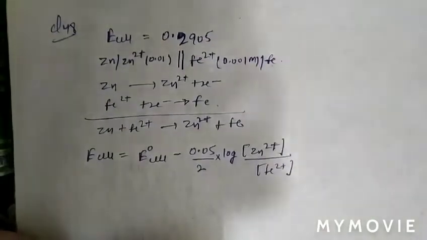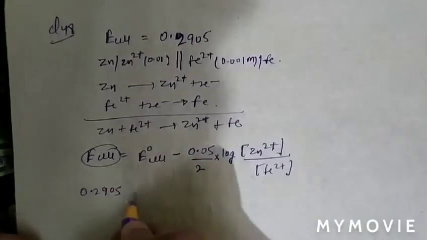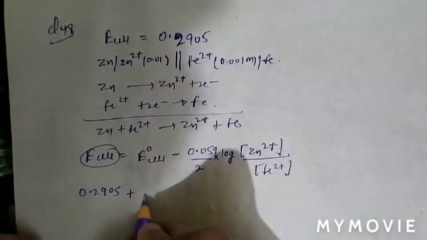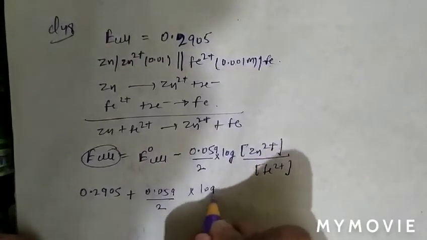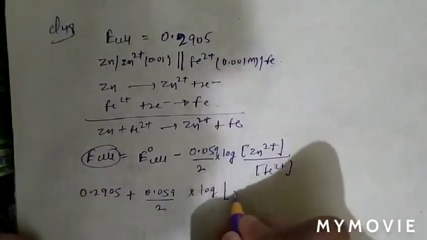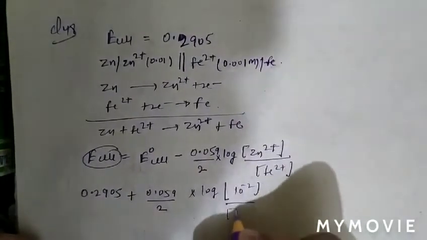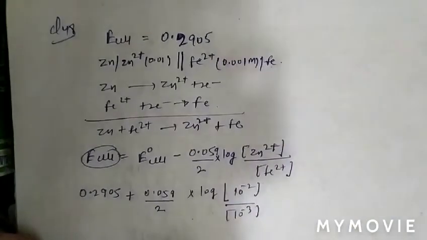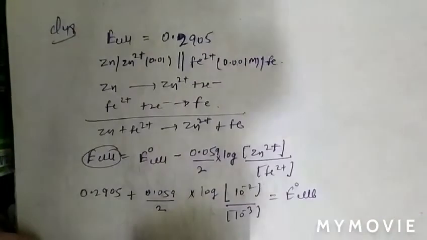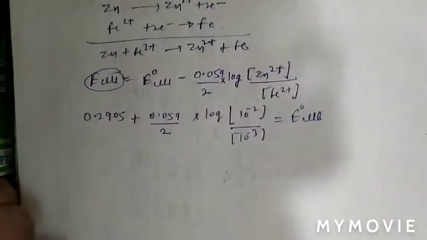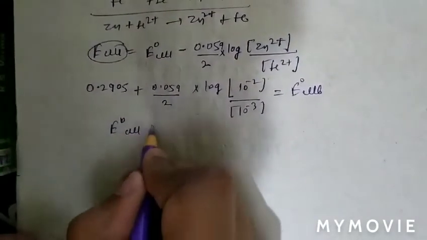E cell for the reaction is given, 0.2905, plus 0.059 divided by 2 into log of zinc 2 plus concentration, which is given as 10 to the power minus 2, divided by Fe2 plus concentration, which is 10 to the power minus 3, is equal to E naught cell. On solving, we get the value of E naught cell.